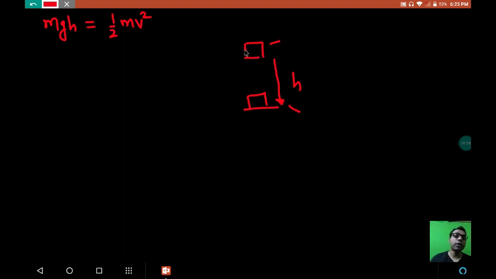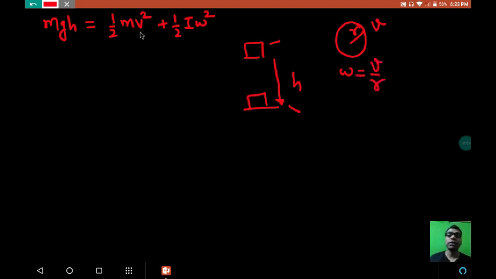But there is one more energy, because that disk has a mass M and a moment of inertia. So we also put that energy, 1 by 2 I omega square, that is the rotational energy. For the rotational energy with radius r and velocity v, we can say omega is equal to v by r. So here we can substitute the value of v as r omega in the equation.